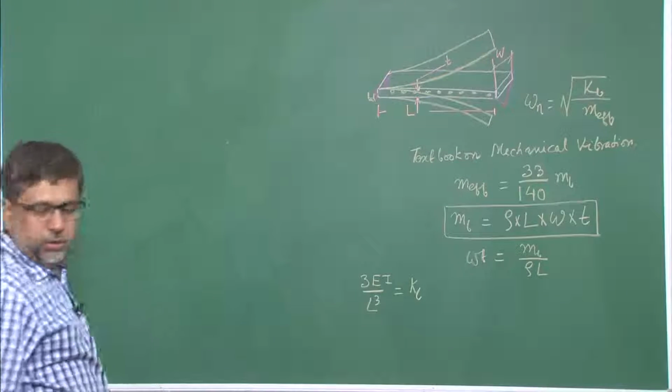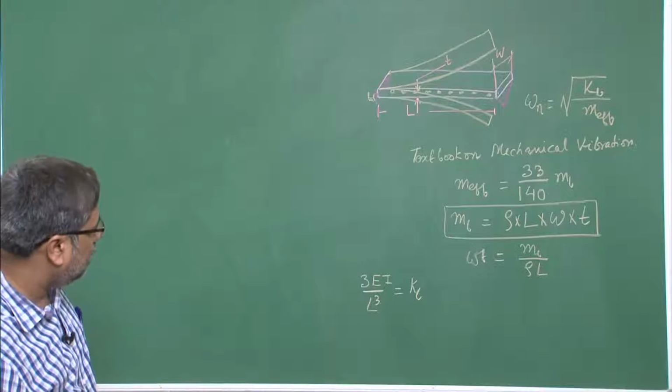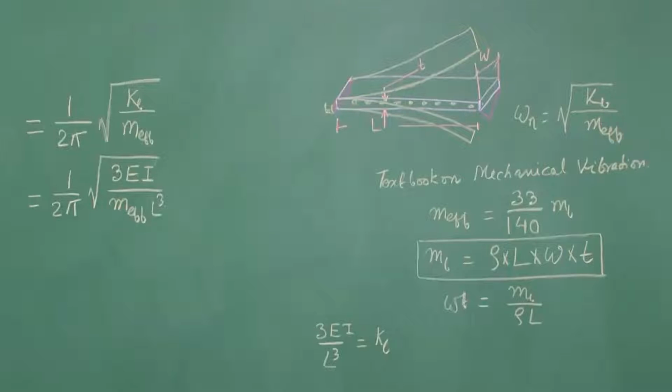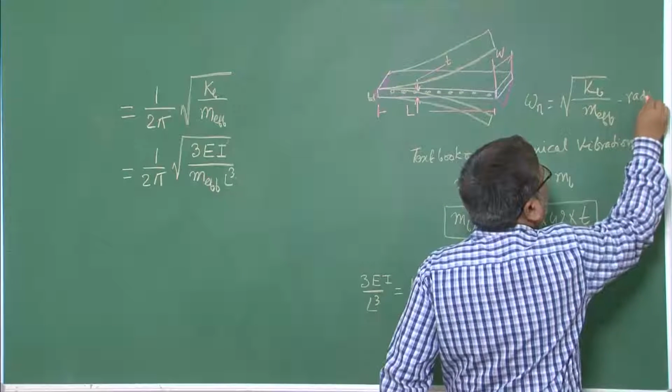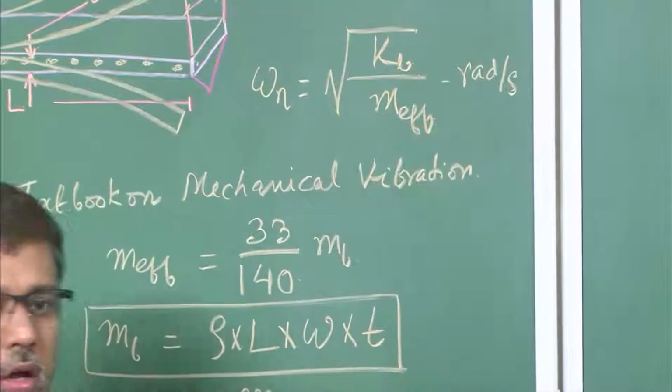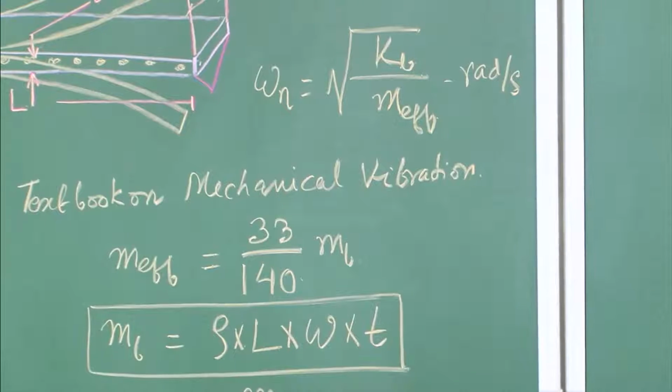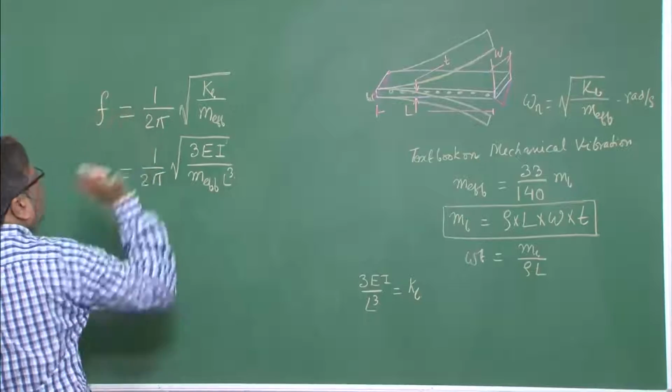I am just keeping the expression of KB and the expression of M effective. Omega n here is in radian per second, right, and here let us put a different variable, because we have divided by 2 pi.